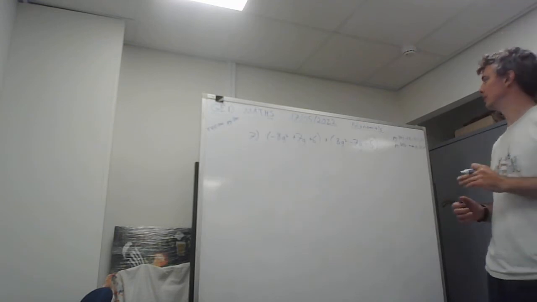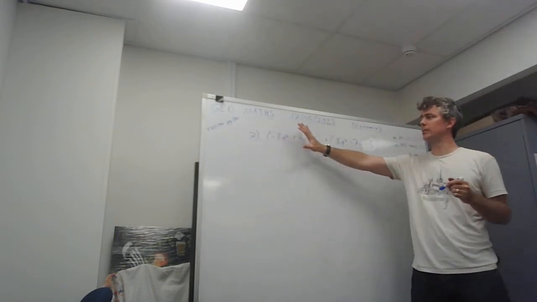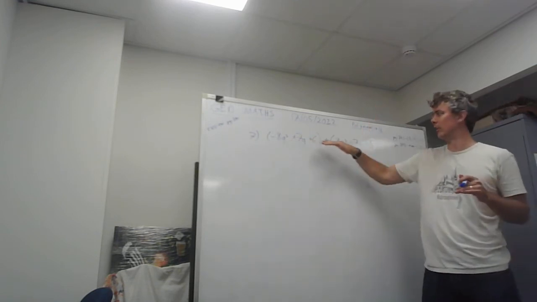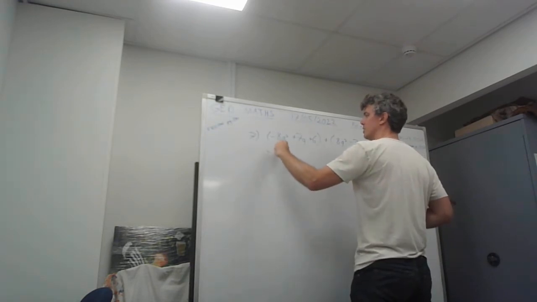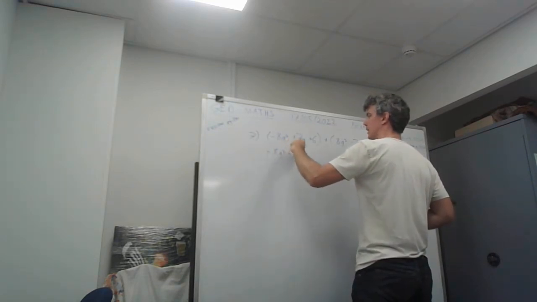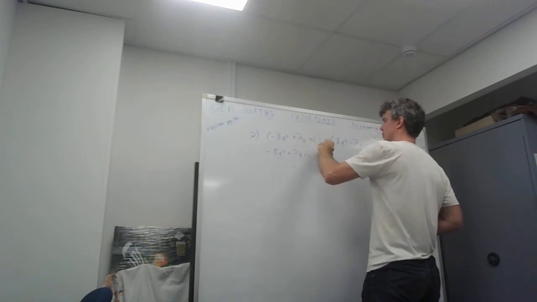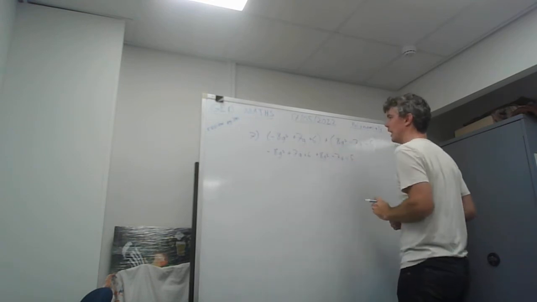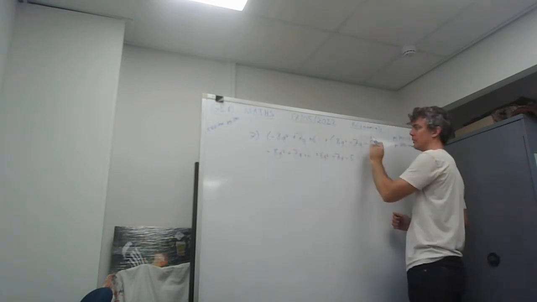When you add polynomials, it's very easy. You basically just take away the brackets. So this then becomes minus 8g squared plus 7g plus 6 plus 8g squared minus 7g minus 5. In fact, you may not even need to do this step. If you can do it quickly, you can do it straight from here.